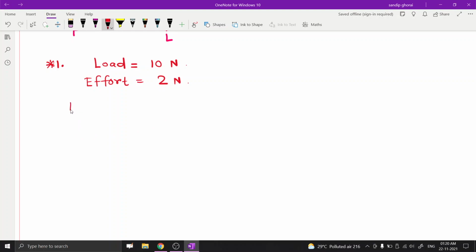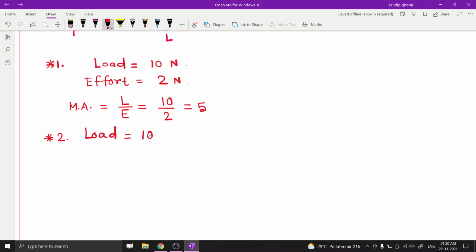We know mechanical advantage is equal to load upon effort. Here load is 10 divided by effort 2, that means the mechanical advantage is 5.